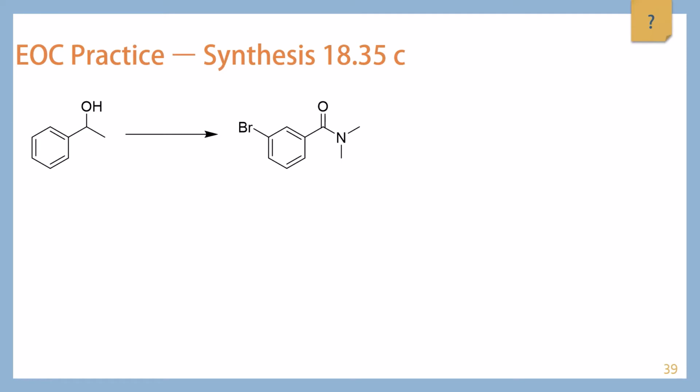So currently, if you take a look at this problem, we have kind of a confusing substitution here. This doesn't really look like any of your traditional ortho-para directors or your meta director. If you want to be just 100% sure that that is going to be a meta director, you could go ahead and oxidize it.